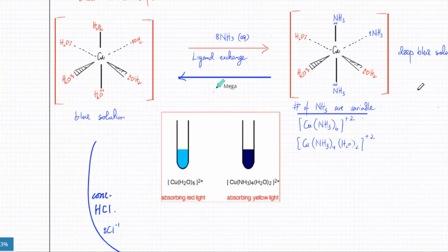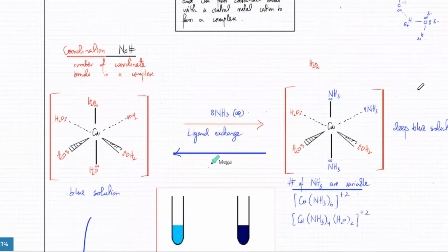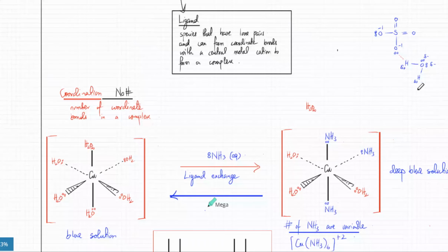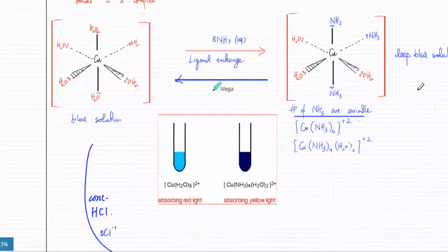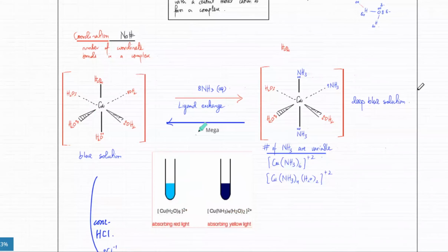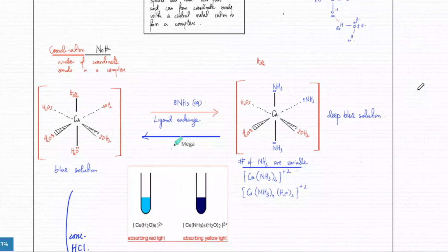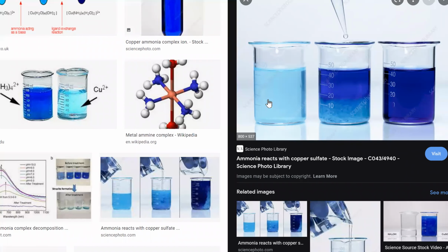All ligand exchange reactions are reversible, and you can write this down, that all ligand exchange reactions can go backwards as well. You add water, the reverse happens, and this thing turns back into this thing.